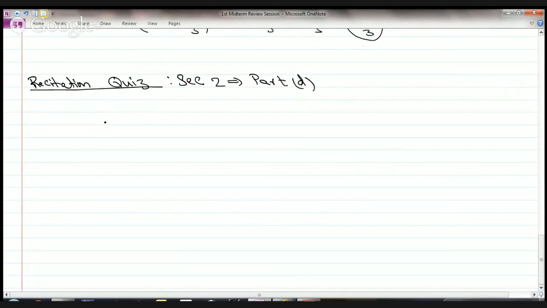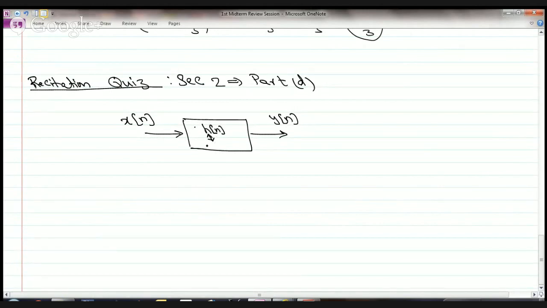And the problem is really about understanding the role of discrete time LTI systems. You already understand that role for continuous time LTI systems. Here you are given a discrete time LTI system. The input of that system is x[n], the output is y[n]. And the LTI system, of course, is described by its impulse response, or equivalently its frequency response H(e^{j omega}).